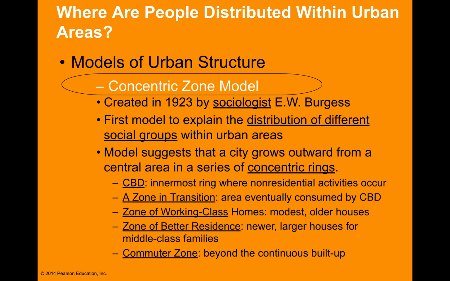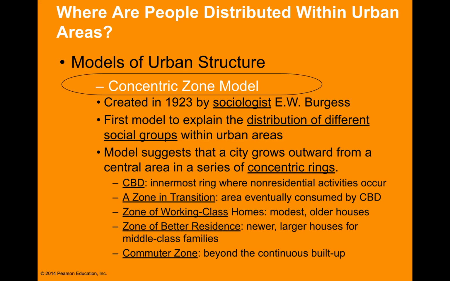The next ring outward is where you have the workers' homes, or the zone of the working class. Homes are modest. They're the homes of the workers. They tend to be older and smaller. The third ring is better residence. These are single-family homes or higher-rent apartments for those able to exercise choice in their housing location and afford a longer journey to and from the CBD as commuters.